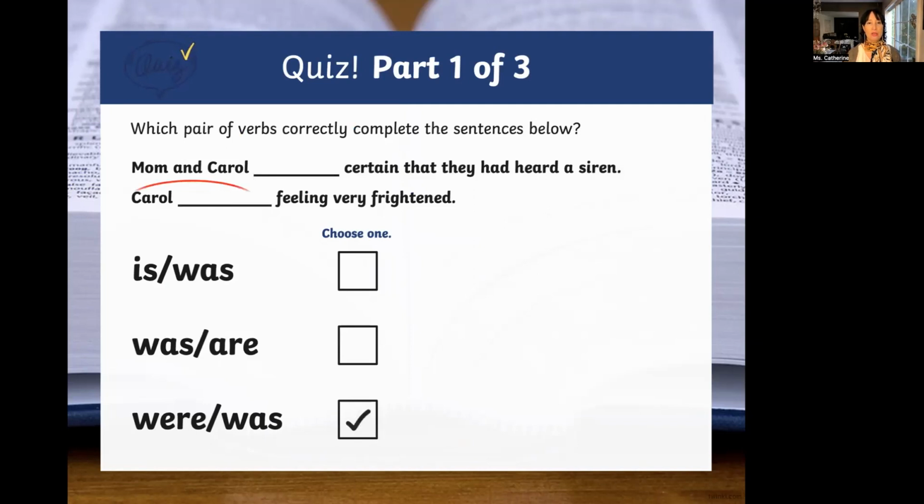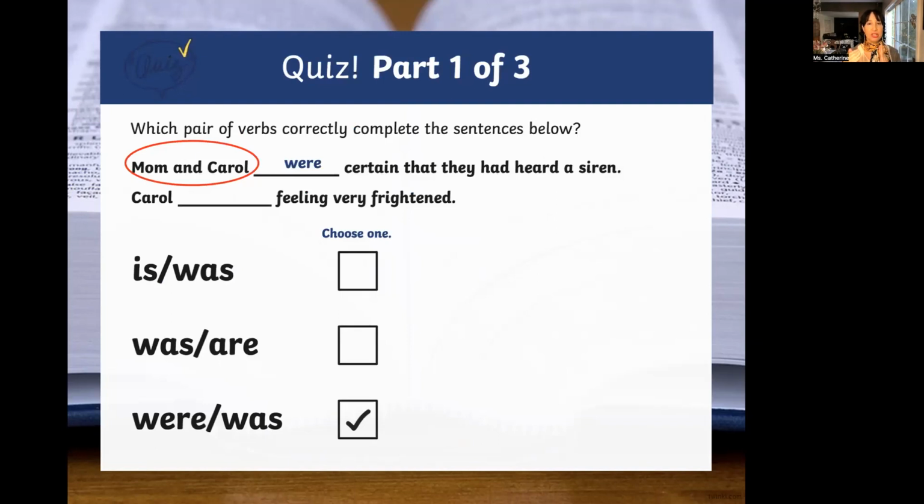Were and was. Okay, so Mom and Carol, is that singular or plural? That's right, plural. Mom and Carol were certain that they had heard a siren. Were, is that past tense or present tense? Mom and Carol were, past tense. Because why?